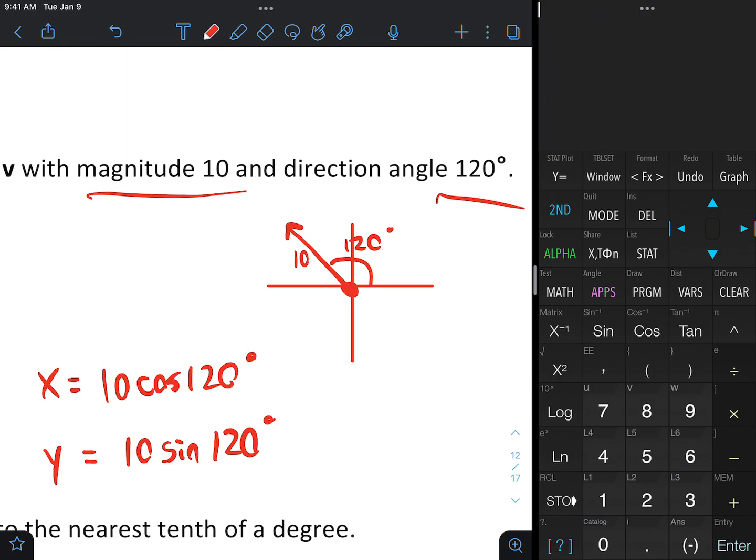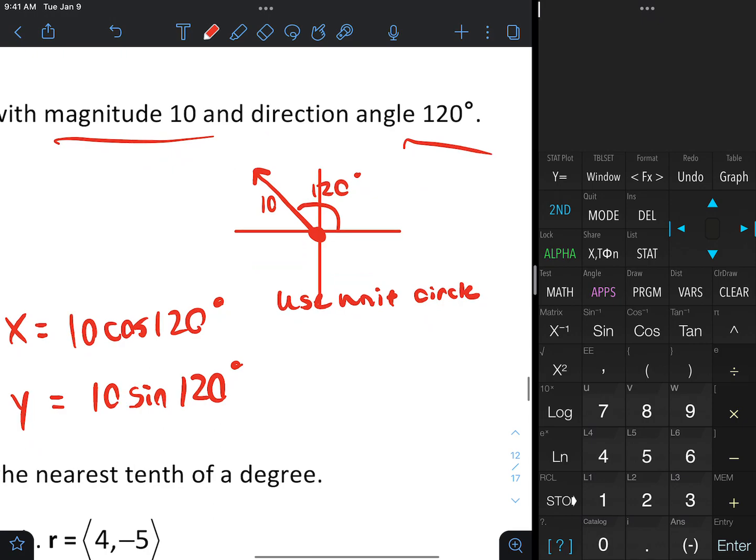Now, you could type those into the calculator, but a lot of times we're going to ask you for radical form. So you're going to need to use the unit circle and figure out cosine of 120 degrees. I got that written down off screen here. The cosine of 120, if you find that on your unit circle, should come out to negative one half.